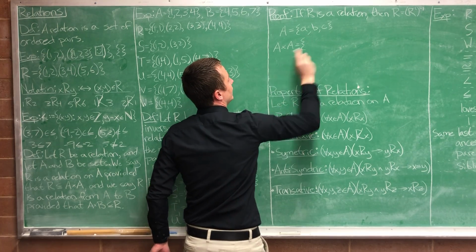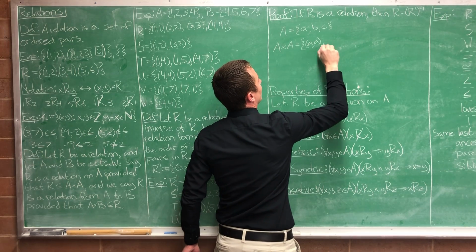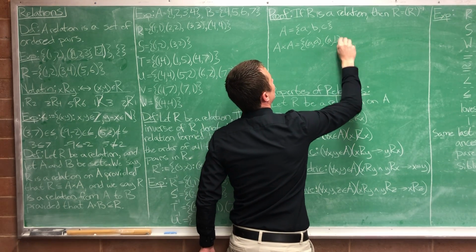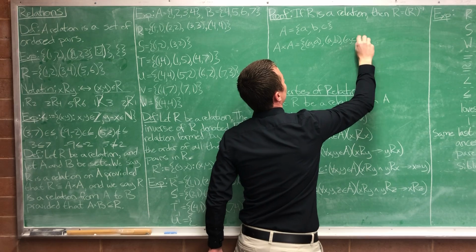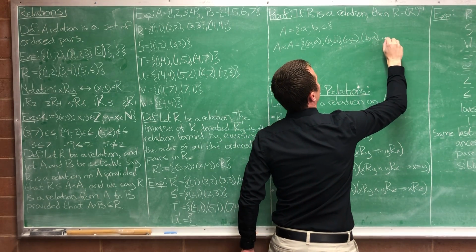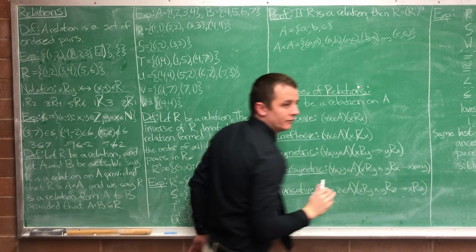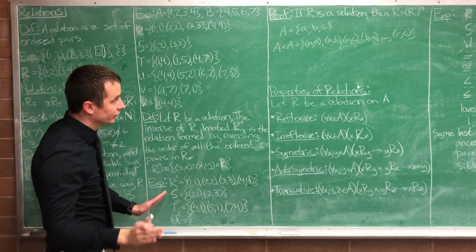AA, comma, AB, comma, AC, comma, BA, comma, dot, dot, dot, all the way to CC. So we're clear on the cross product?